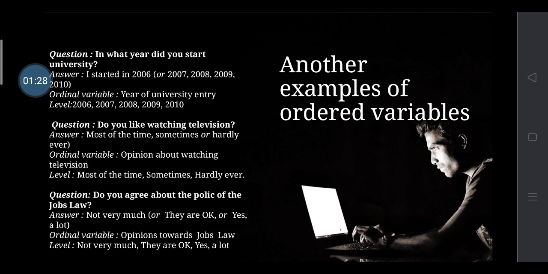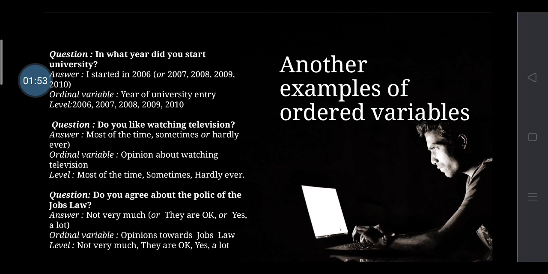Ordinal variable is the way how the data are ordered. So here, ordinal variable is year of university entry. The level is the number of each data variable from 2006 until 2010.